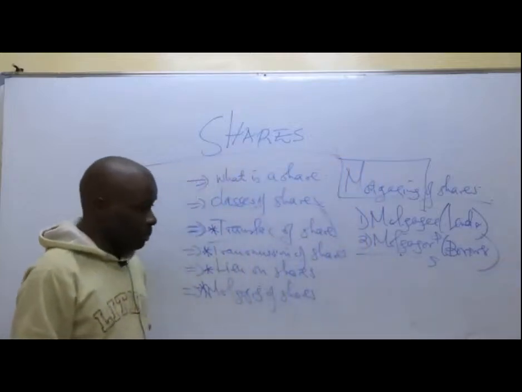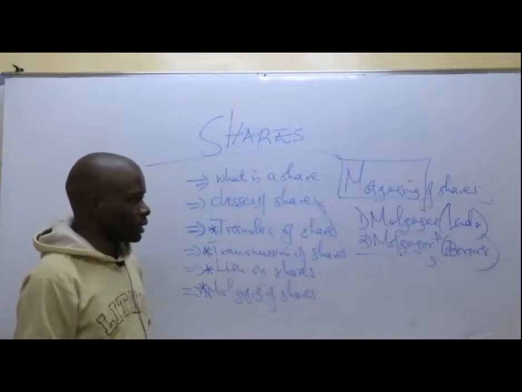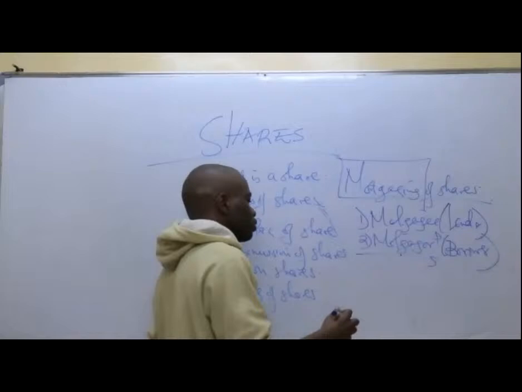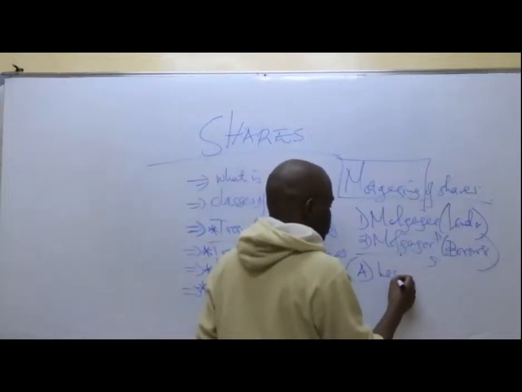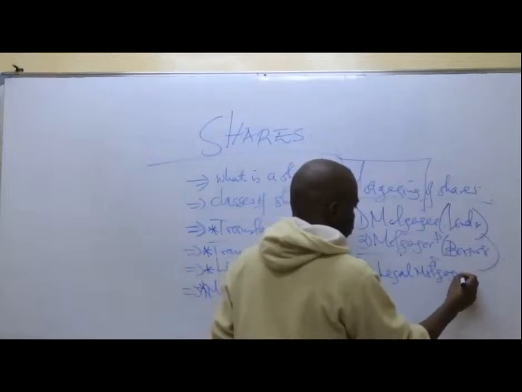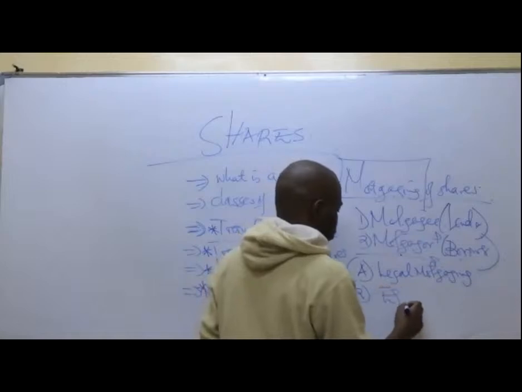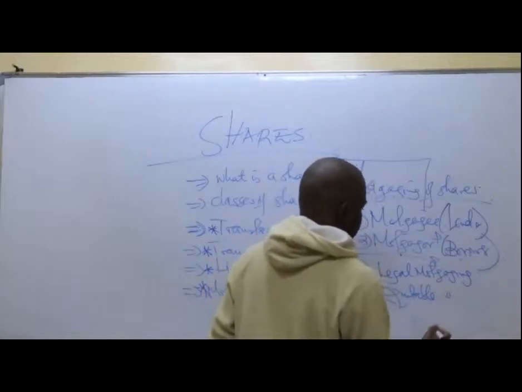What normally happens under mortgaging of shares is that there are two ways it can happen. The first way we call legal mortgaging of shares. Number two, we call equitable mortgaging of shares.